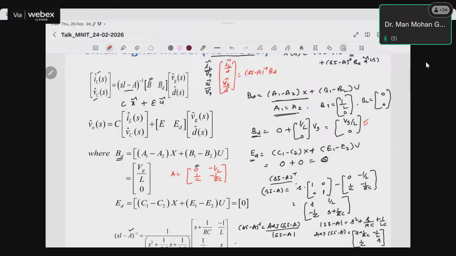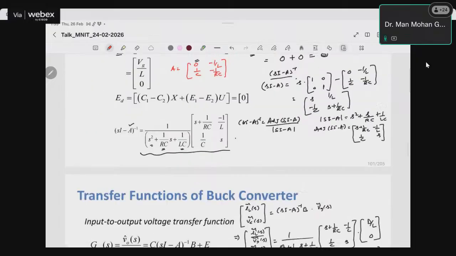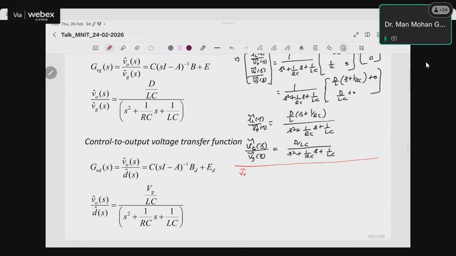Now we can obtain the transfer functions for V naught upon Vg and V naught upon D. We can find the transfer function for V naught of S upon Vg of S and V naught of S with respect to D of S using the same approach: SI minus A inverse B plus E U, and SI minus A inverse BD plus ED into U.